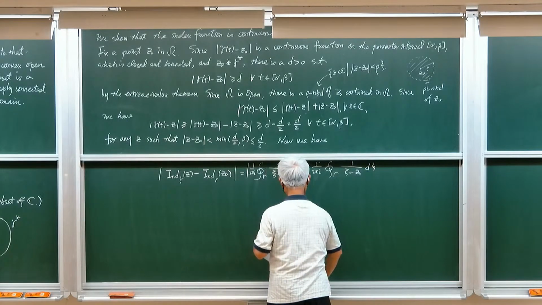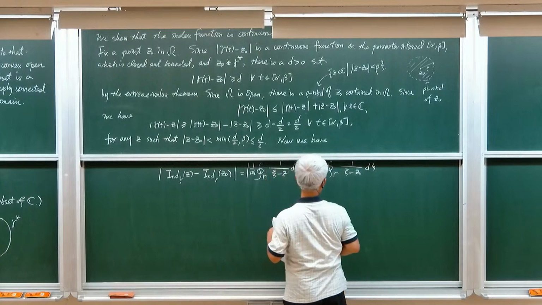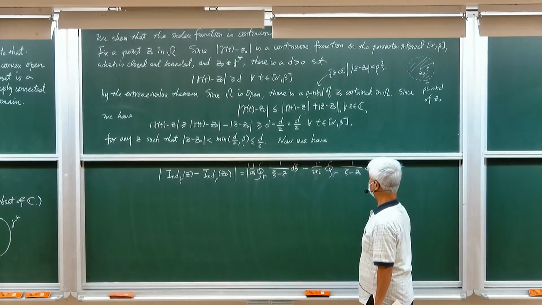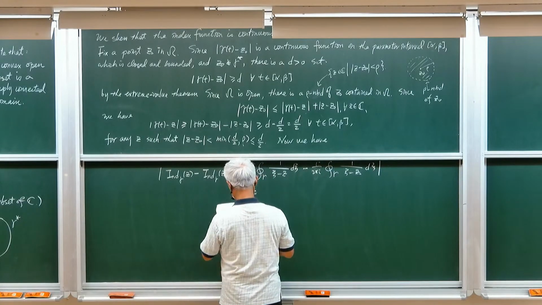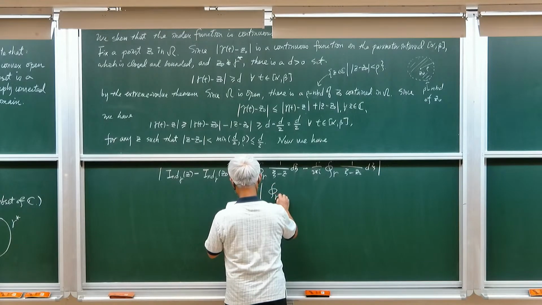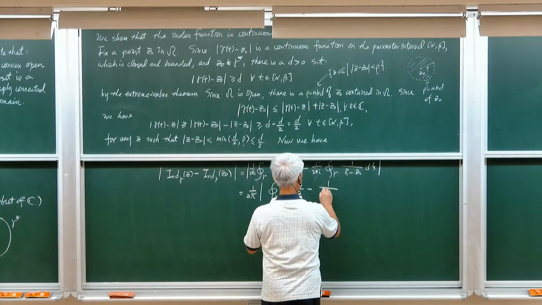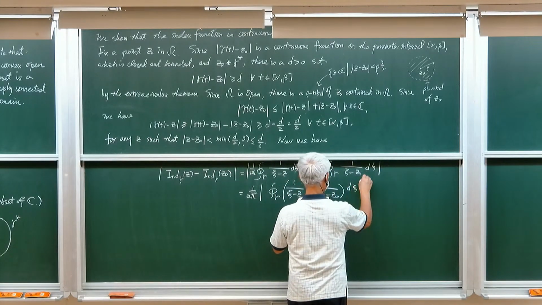I'm sorry, it's not eta, it's psi. So we take the absolute value of 1 over 2 pi times the integral of 1 over (psi minus z) minus 1 over (psi minus z0), d psi.